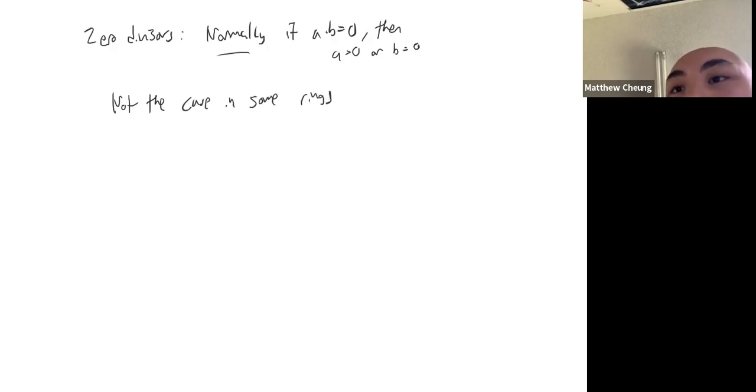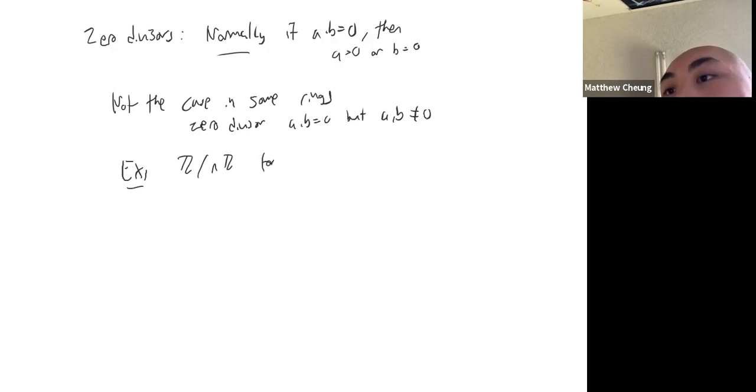So a zero divisor is basically a times b is 0, but a, b not equal to 0. Both of them are not 0, but they multiply to 0. And you see there are examples now, like Z mod nZ for n not prime.